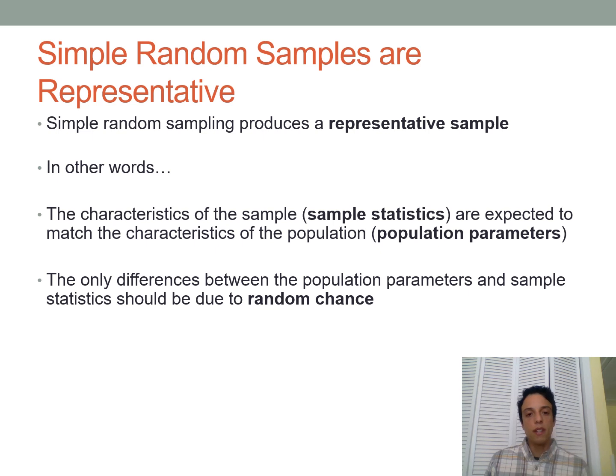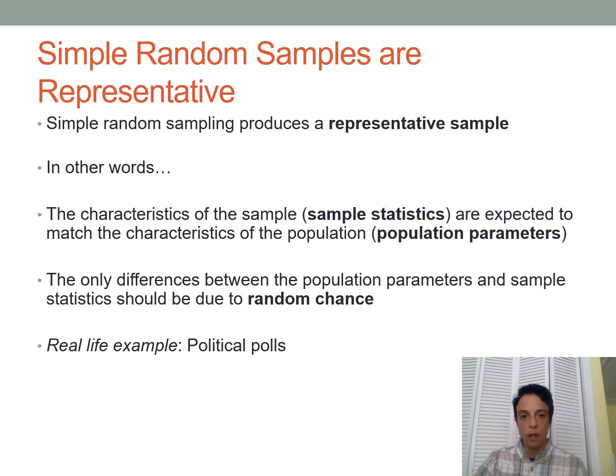So your sample statistics are often going to not match your population parameters exactly because of that random chance. But aside from some random variation that's not really going to pull us in any particular direction, it's just going to be totally random noise, aside from that noise, we're going to expect our sample statistics to match our population parameters. And this lets us use representative samples for a lot of things.